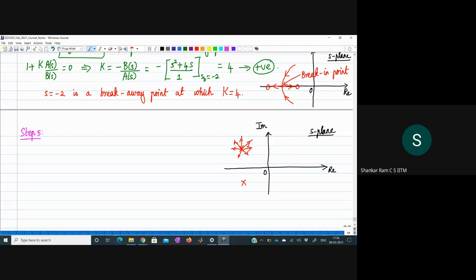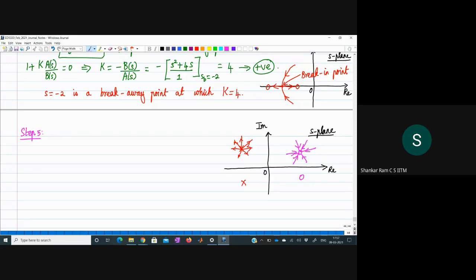Similarly, if you have a pair of complex conjugate open loop zeros, we know that a branch has to terminate at an open loop zero. The question is, once again, from which direction will it come and terminate? That's why when we talk about open loop zeros, we talk about angle of arrival, because a branch of the root locus arrives at an open loop zero.